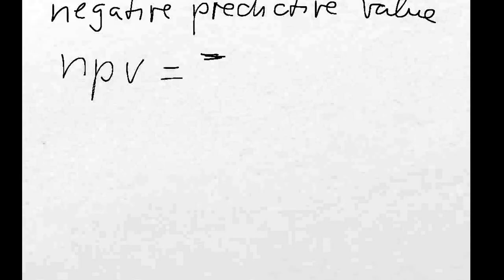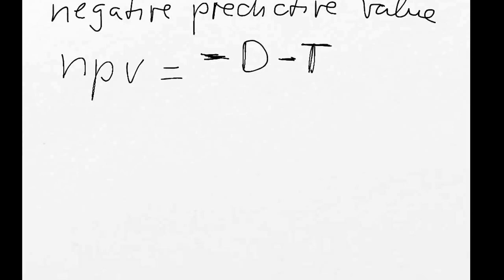And this NPV, as it is very often abbreviated, is defined as minus D minus T divided by minus T.